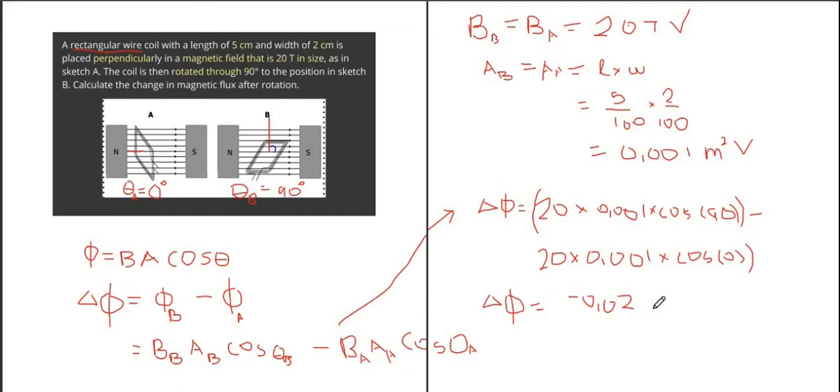Remember, you must include the unit, Weber, which is Wb. And there you are. You have effectively calculated the change in magnetic flux for that situation.